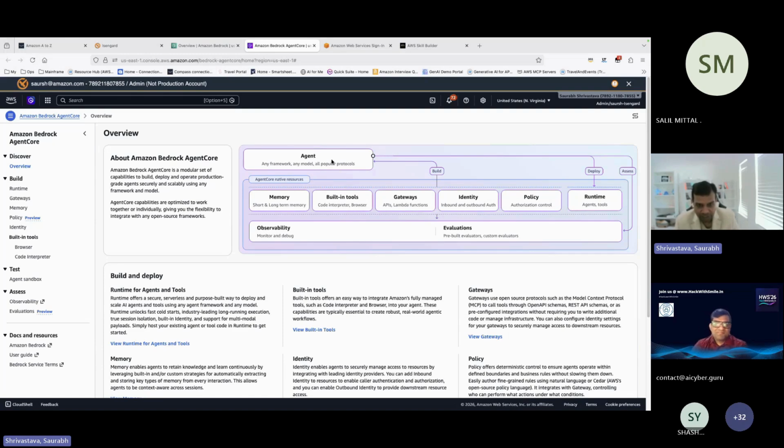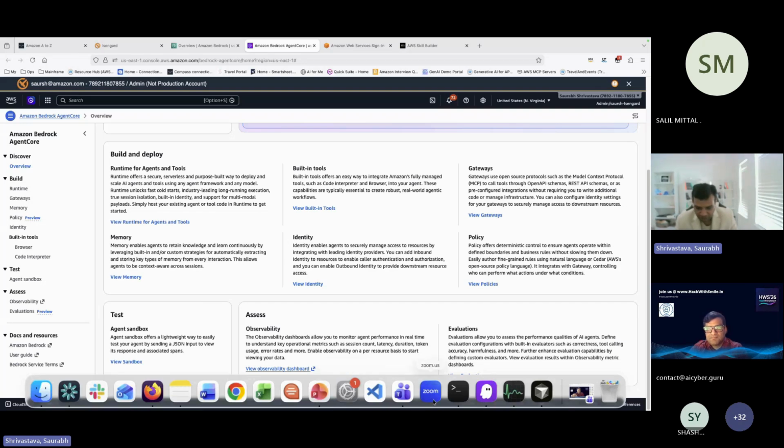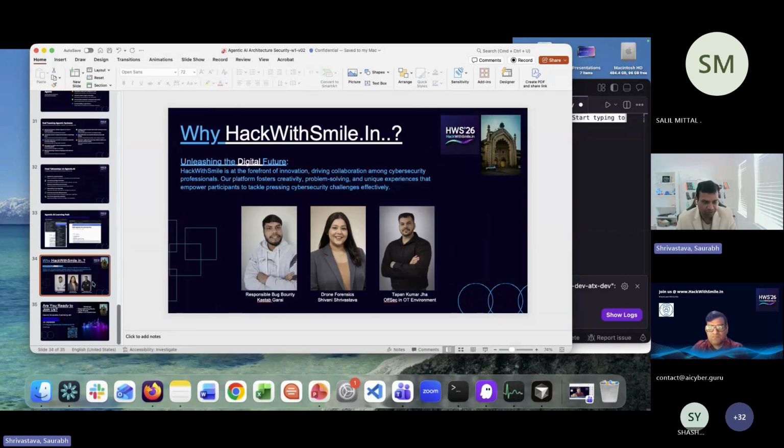You can deploy the agent in the agent runtime, and you can define the policy, identity, authentication, authorization, gateway, and all those things. When you go through these learning paths, it will talk about everything. Go and do lots of hands-on on that. We are giving a very focused learning path here, and I have put the link and these screenshots here.